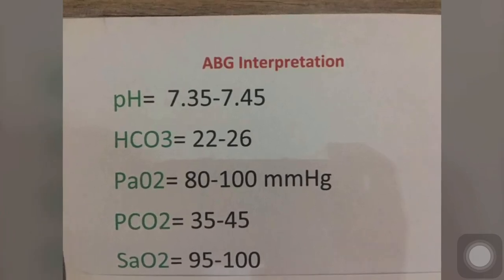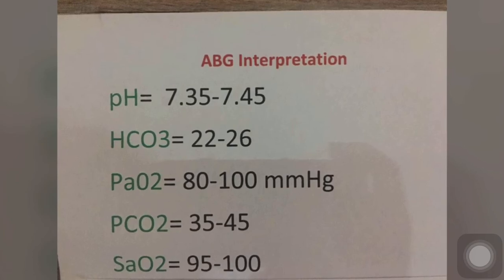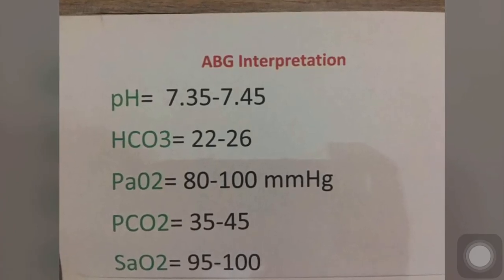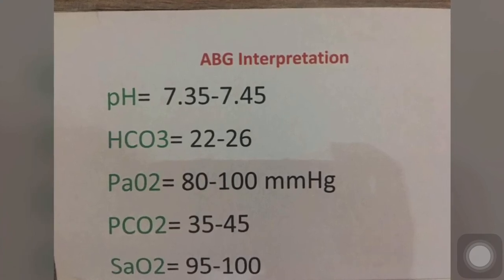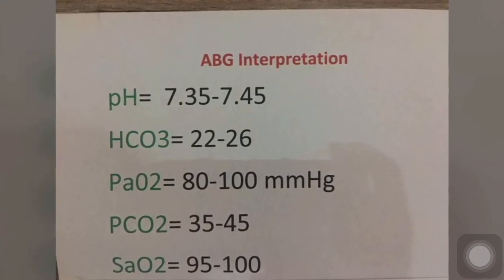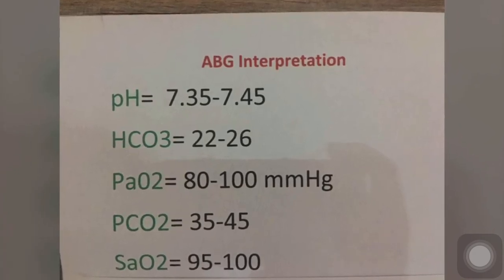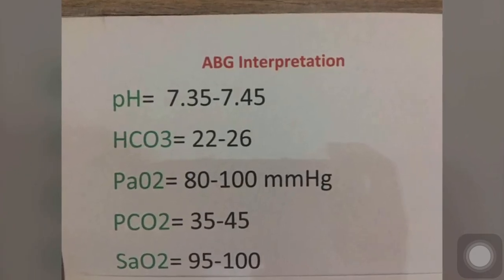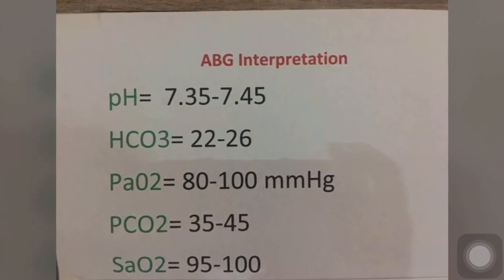Of course, if both the pH and the HCO3 are increased in the same direction, pick metabolic. Then go back to the pH. The pH is increased, so pick directly alkalosis. So you have the answer already: metabolic alkalosis.